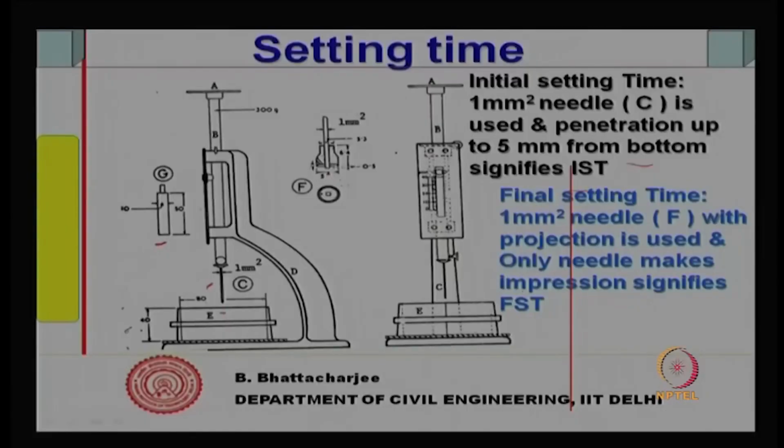The other end is not penetrating, and that is called final setting time. So, when this tip is penetrating but this end does not leave any mark, we call that the final setting time. This is how we measure setting time, and this is the concept of setting time of cement.